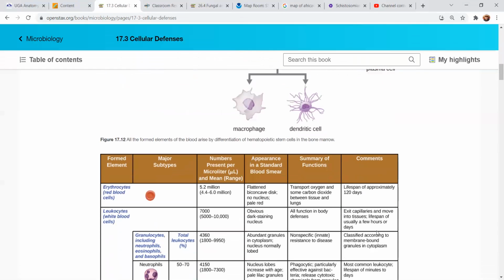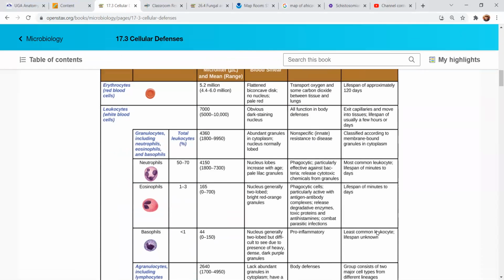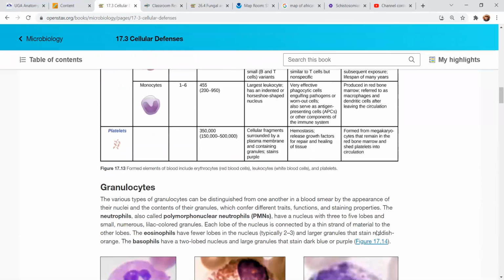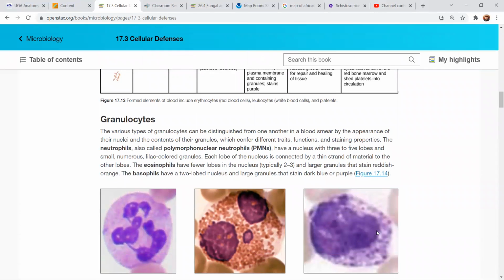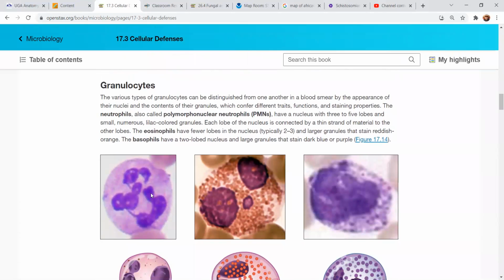So I'm going to kind of skip through this hematopoiesis portion here and kind of jump down here to our white blood cells. So the white blood cells can be divided into two types, granulocytes and agranulocytes. The granulocytes are neutrophils, which are here with this multi-lobed nucleus.